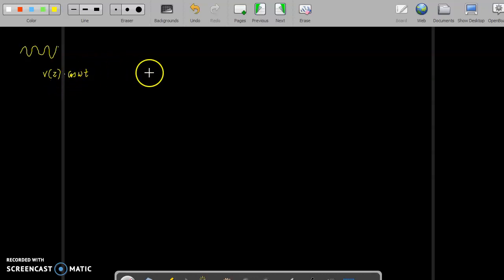So we know Euler's equation: e power j omega t equals cos omega t plus j sin omega t. So if you take the real part of e power j omega t, it is equal to cos omega t.